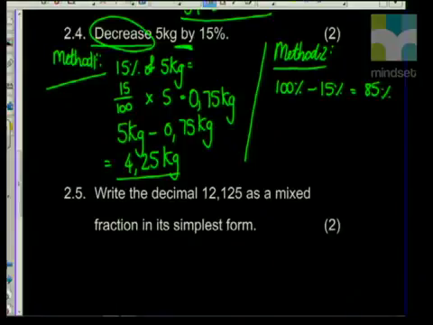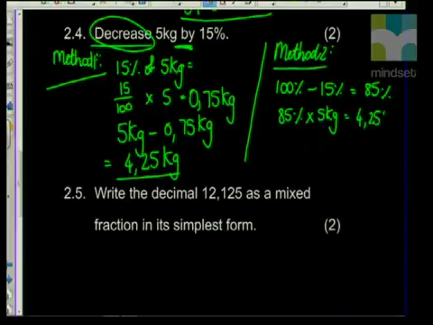That means that if I've decreased 5 kgs by 15%, I've actually got only 85% of the 5 kgs. So if I find out 85% of the 5 kgs, I will end up with exactly the same answer of 4.25 kgs.